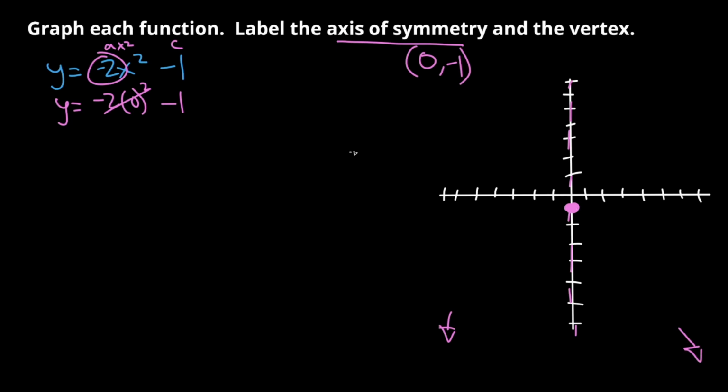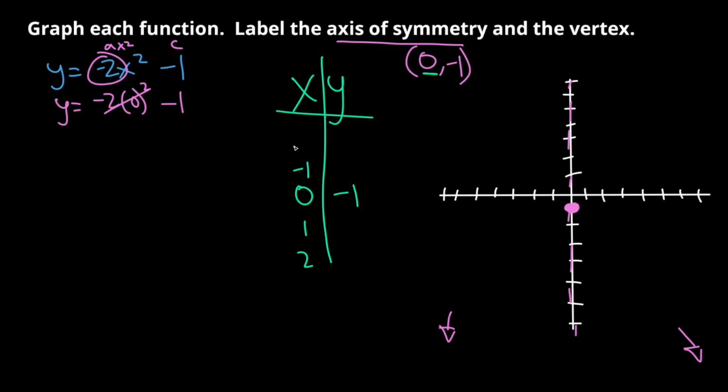We can plot some points now. Pick the vertex for an easy point. And then we'll pick 1 and 2 in that direction and the same distance in the opposite direction. So we'll go ahead and start plugging these in.